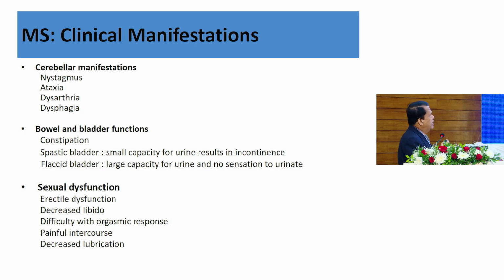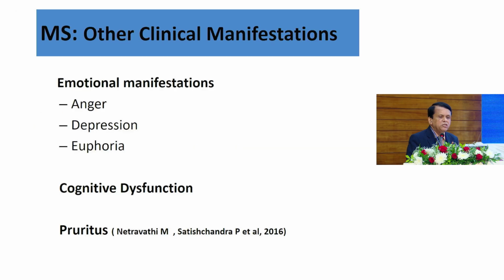Then we have cerebellar involvement in the form of nystagmus, ataxia, dysarthria. Then bowel and bladder functions are very commonly involved. So imagine a young lady having a bladder problem. Then sexual dysfunction is extremely common in these patients, and that is why we need to know about this.